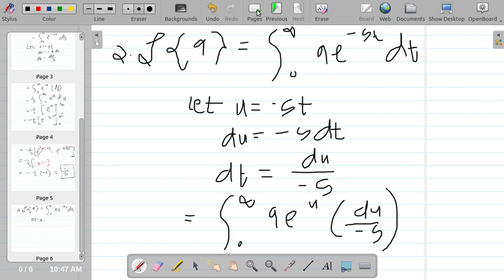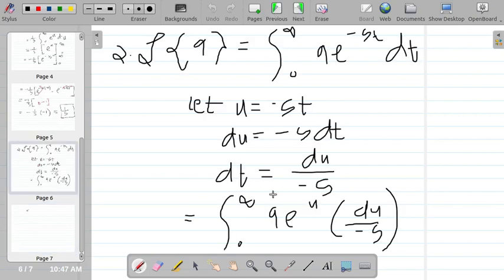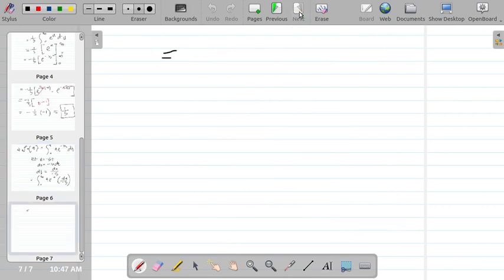Next, this 9 is a constant and negative s is a constant, so we can take them out of the integral. So, 9 over negative s times the integral from 0 to infinity of e raised to u du.